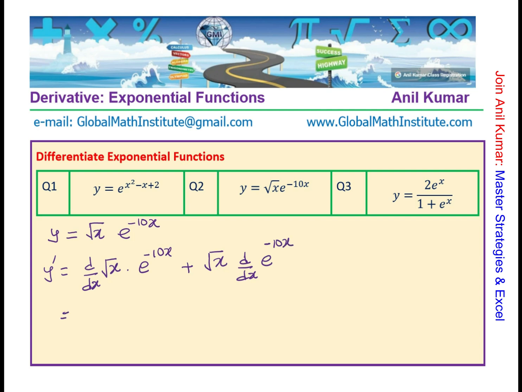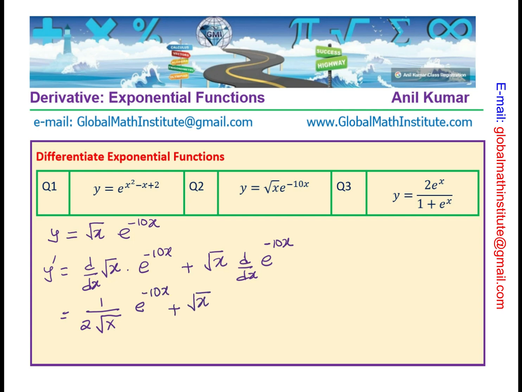Square root x, you may write it as x to the power of half, then the derivative will be half times x to the power of minus half. So that comes to 1 over 2, which is half. X to the power of minus half means the square root will be in the denominator. So you can combine these steps, times e to the power of minus 10x, plus we have square root x here.